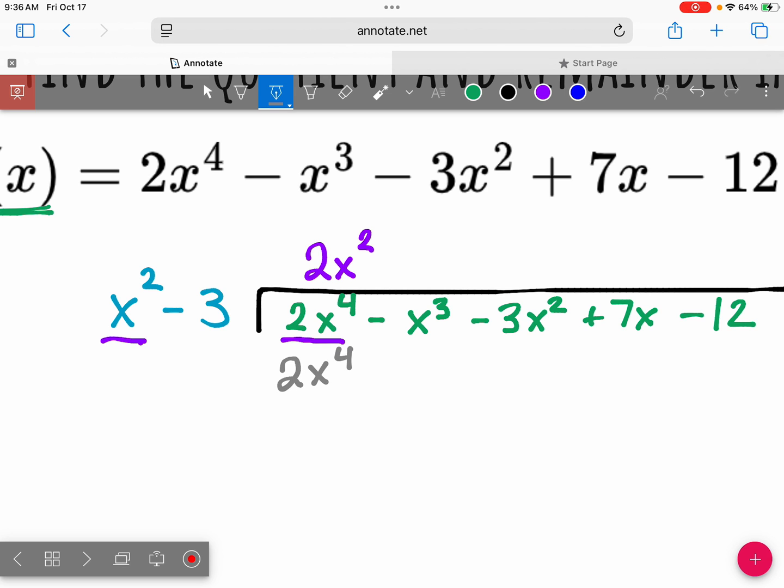And my 2x squared times minus 3 is going to give us a minus 6x squared. I'm writing it underneath the x squareds, so when we're doing our subtraction, I can combine them together. You can just leave a little gap right here and line them up. You don't have to line them up, but it makes it a whole lot easier if you do. Because then we're going to subtract all of it.